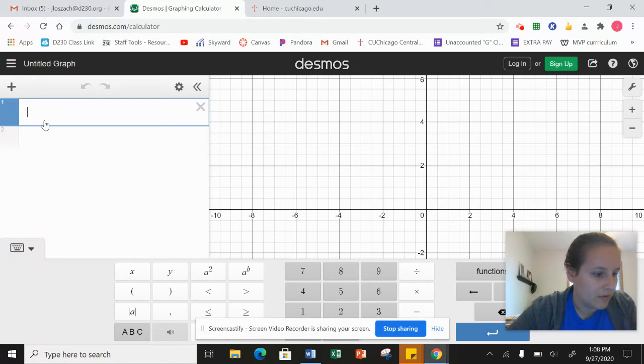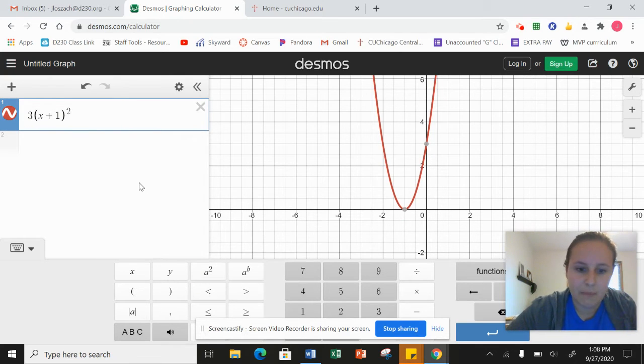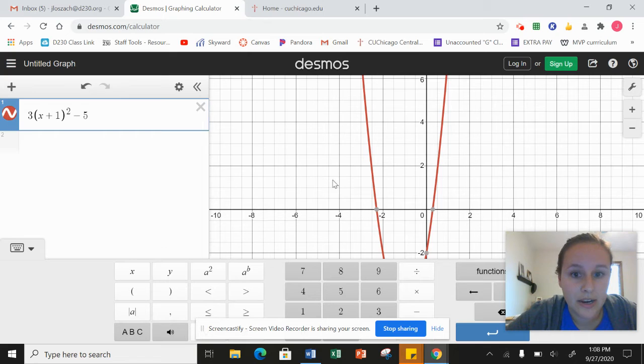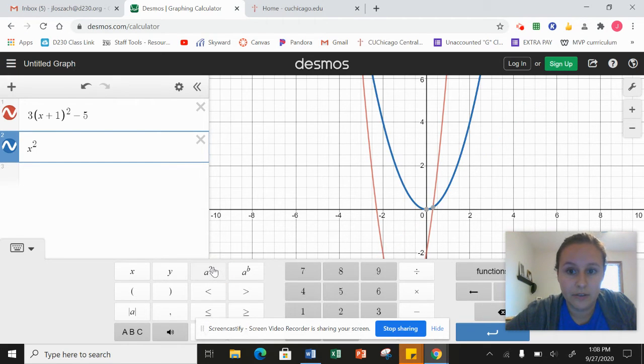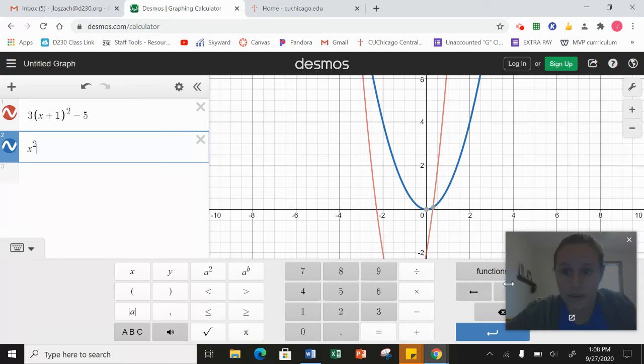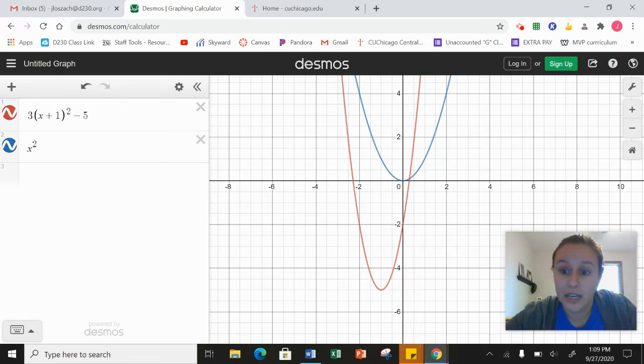So if I type in 3 times (x plus 1) squared, minus 5, because it's red here, that means this is my red graph. And then I want to know, is this wider or skinnier than y equals x squared? So I would just plug in x squared. If I look at the graphs, you'd have to look which one is skinnier, the red one or the blue one. So even if you don't know exactly what the equation is, you can still use this to help you out.